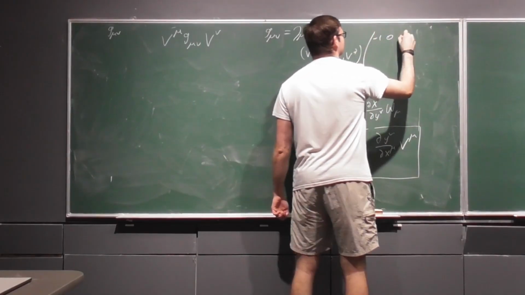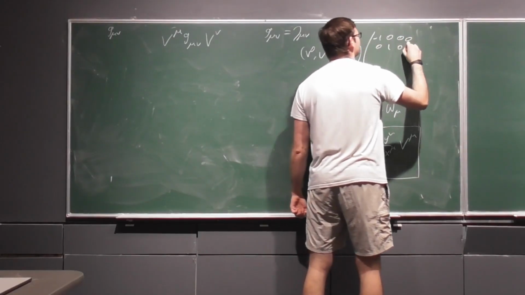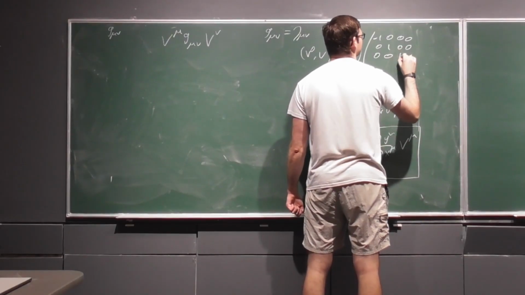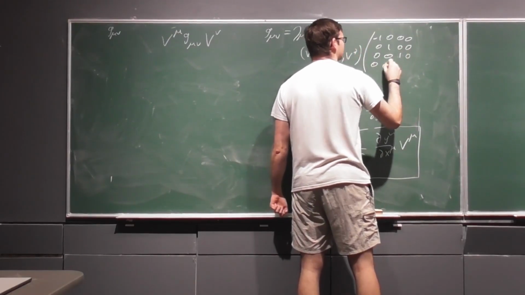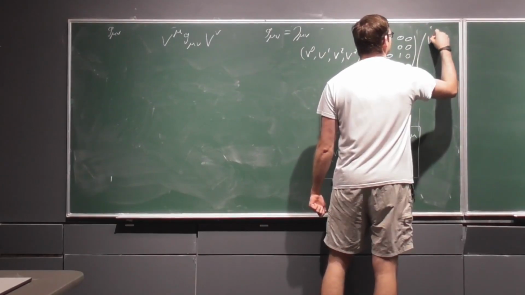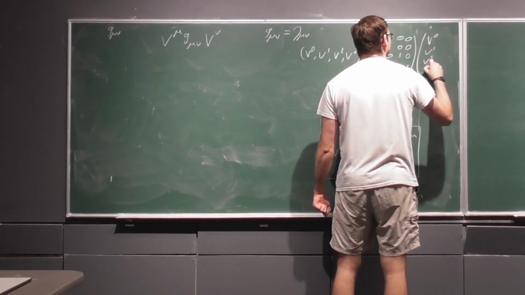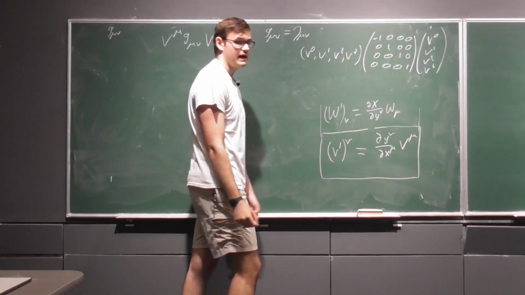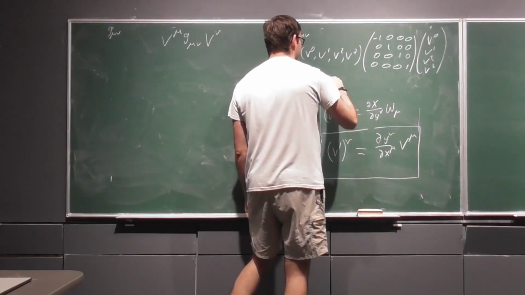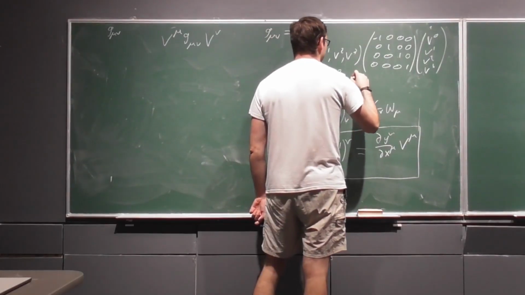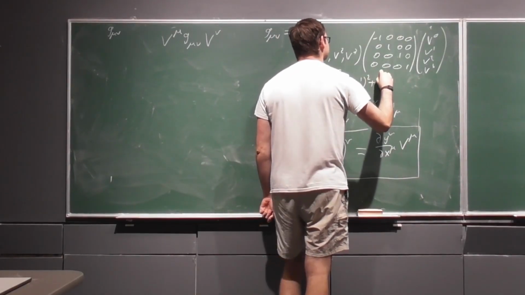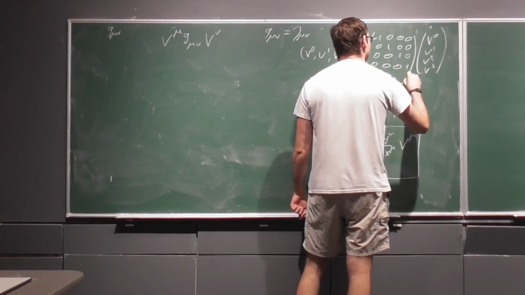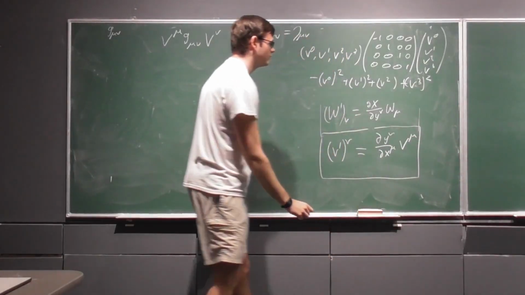We get a minus, and we'll get something like this. And this is very familiar. We'll get minus V0 squared plus V1 squared plus V2 squared and so on, okay? So that's a pretty familiar quantity.